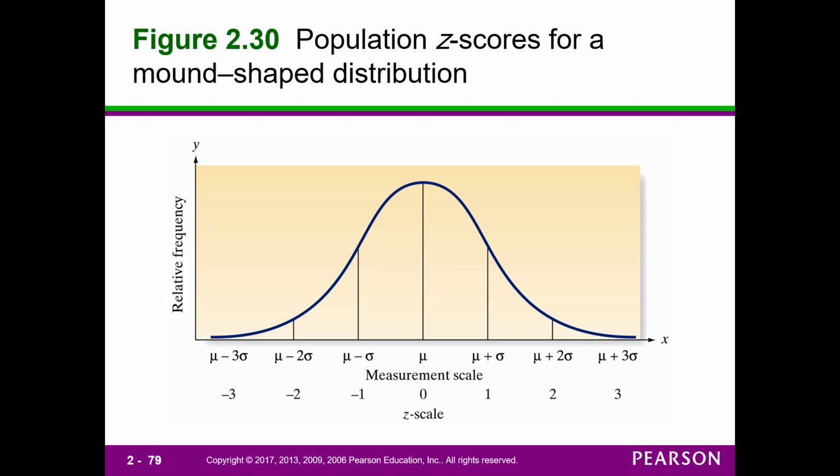The statement that a measurement falls into the interval from mu minus sigma to mu plus sigma is equivalent to the statement that the measurement has a population z-score between minus 1 and positive 1, since all measurements between mu minus sigma and mu plus sigma are within one standard deviation of mu.